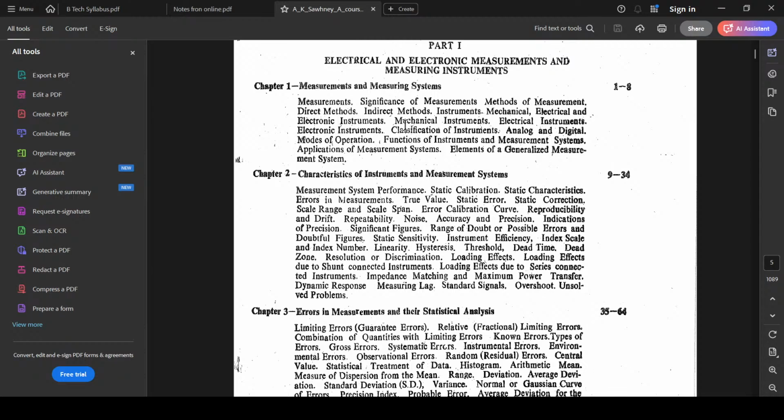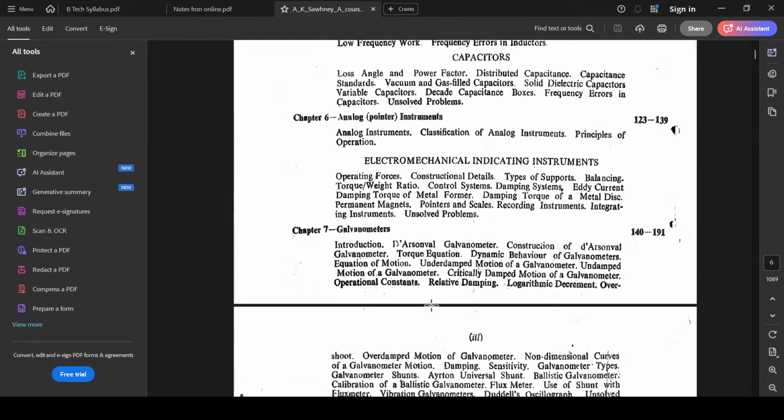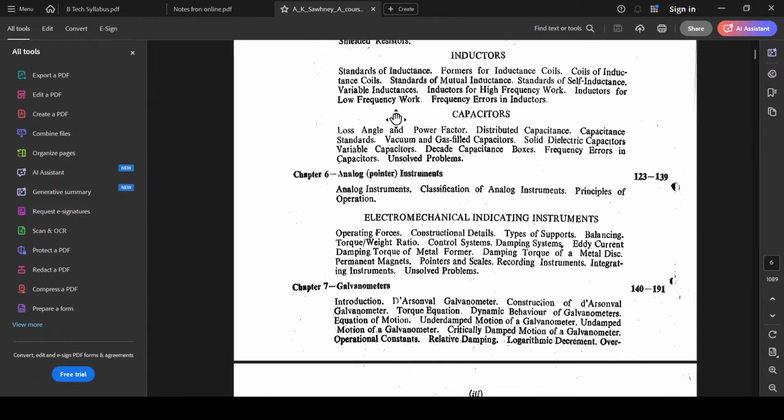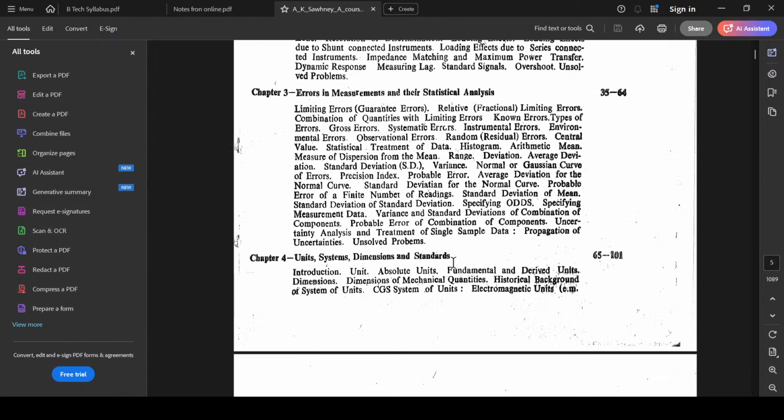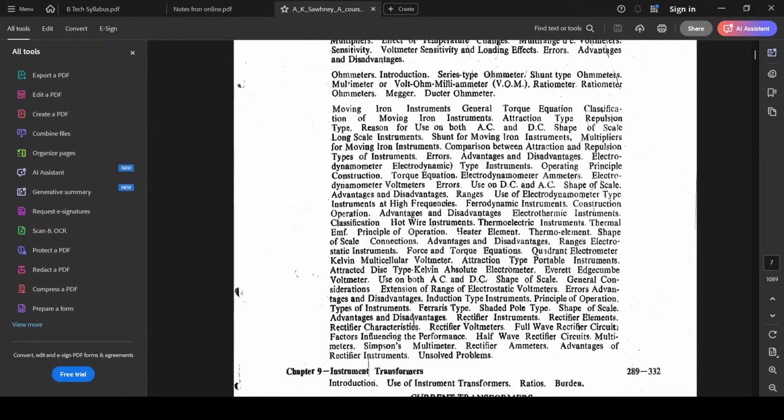The methods are given here. We have to look for the challenges and the resistance measurement.